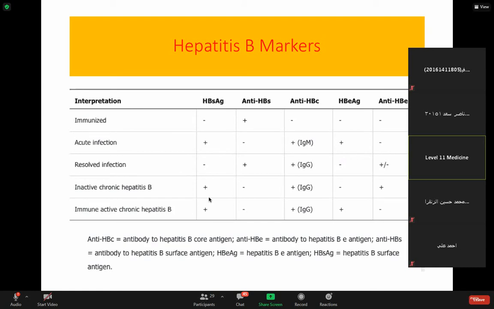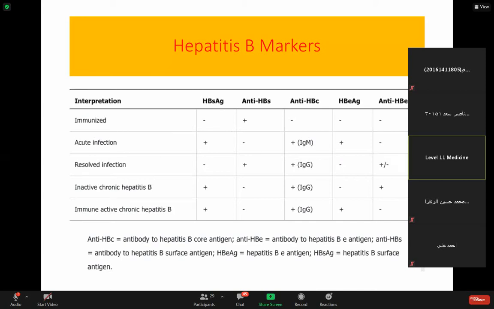In those three states, basically, you still have the virus inside your body. So this is when you have to worry: when the surface antigen is positive.